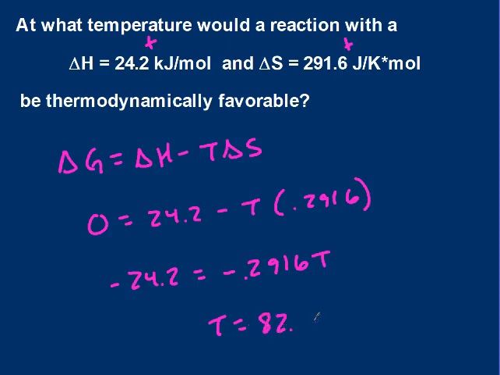So we get 82.99 or 83 Kelvin. Since we want a high temperature, any temperature greater than 83 will be thermodynamically favorable.